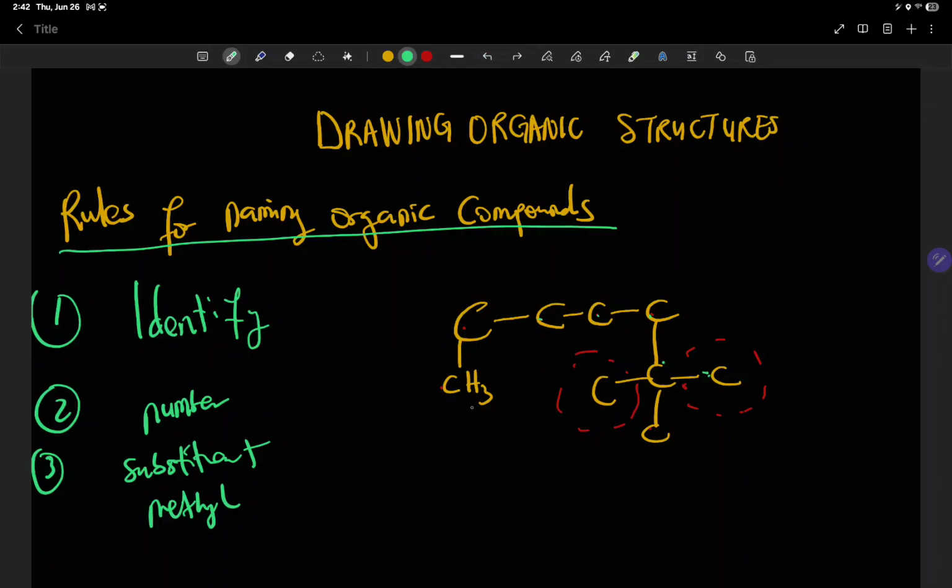Alright, so now let us go this way. Since we are going this way, let us completely draw our structures. Put hydrogen here, here, here, here. How am I sure what I'm doing? Remember the length of the carbon arms. 1, 2, 3, 4. 1, 2, 3, 4. 1, 2, 3, 4.